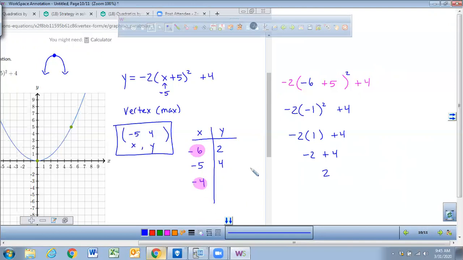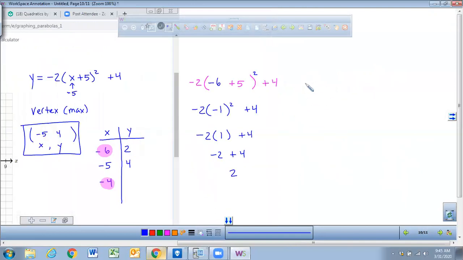You could also plug in a negative 4. You're left with negative 2. Negative 4 plus 5 is 1. 1 times 1 is 1.